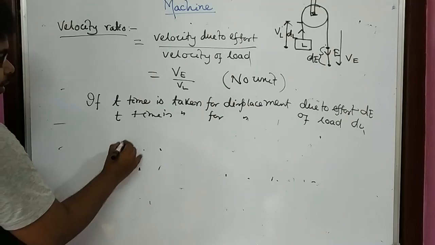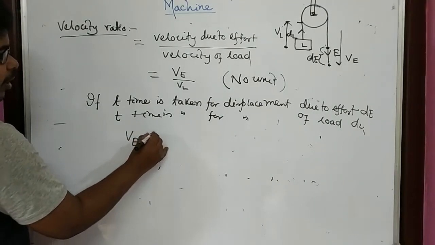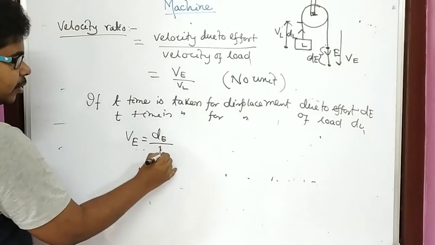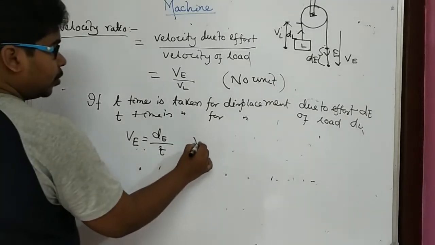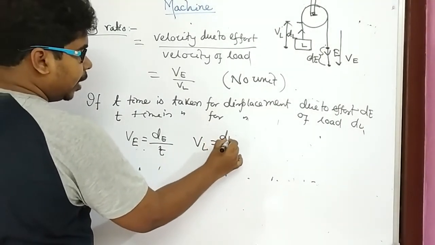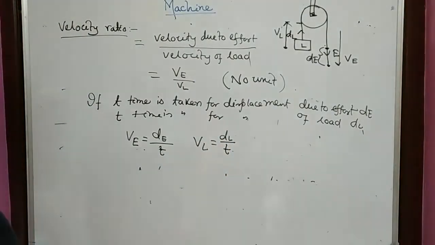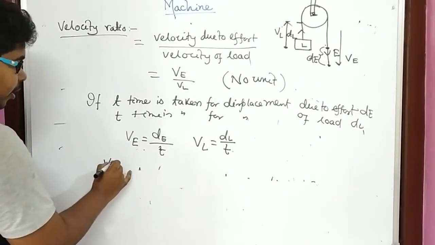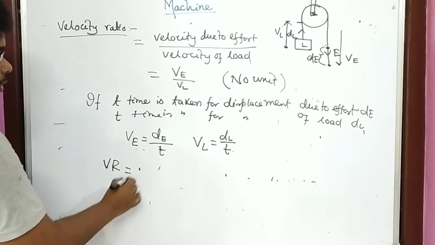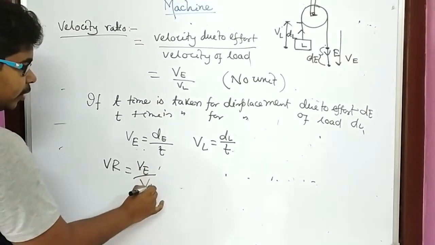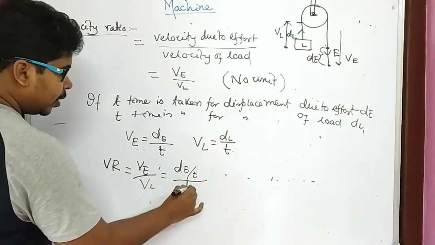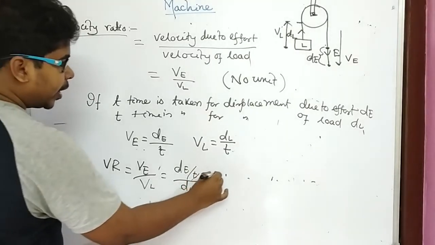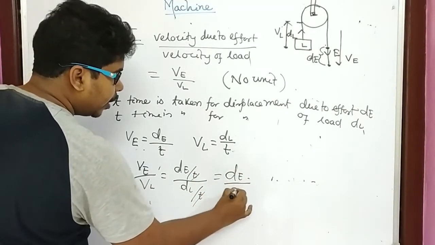So velocity due to effort is dE by T, displacement due to effort by time, and velocity of load is dL by T, displacement of load by time. Now if I take the ratio, that is VR, VR stands for velocity ratio, that is VE by VL. So VR equals dE by T by dL by T. T will be cancelled out, so VR equals dE by dL.